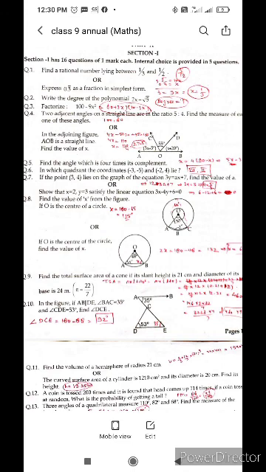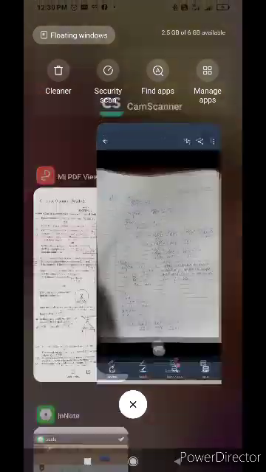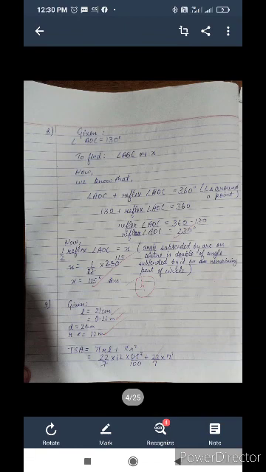So angle subtended by this bigger arc at the center, reflex of angle AOC, will be double of the angle ABC. So since reflex of angle AOC is 230, angle ABC will be half of 230, that is 115 degree. Okay, hope you have understood.